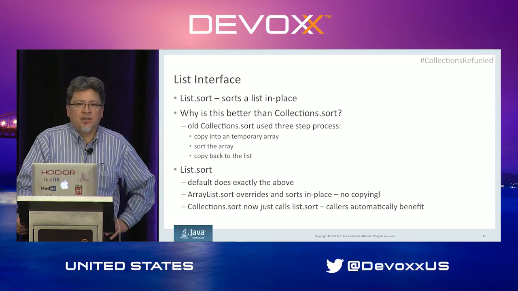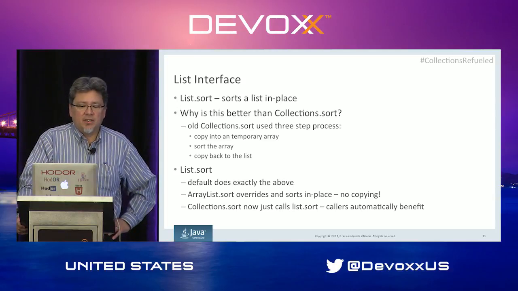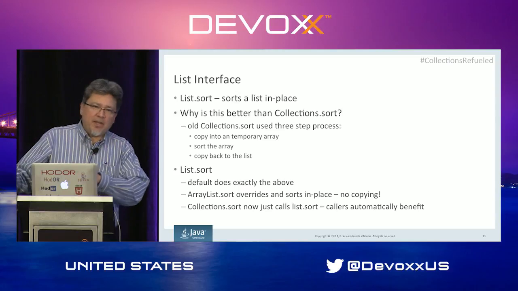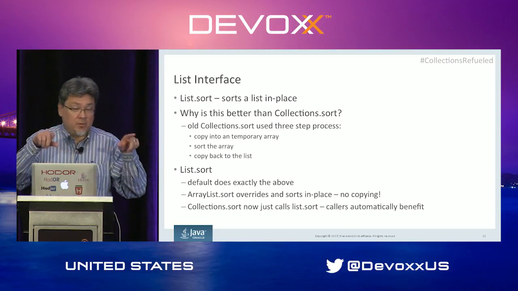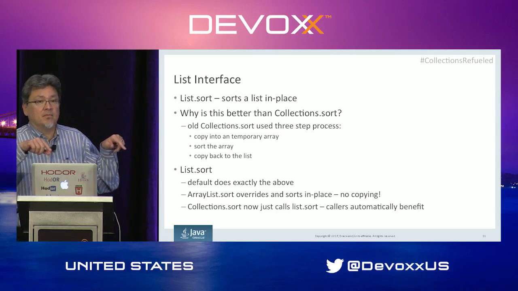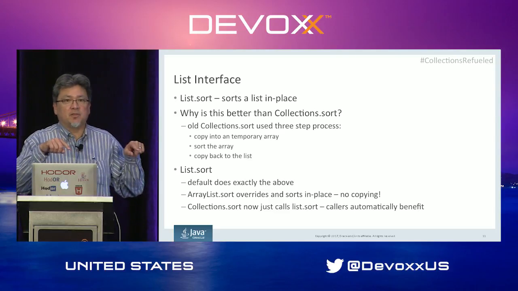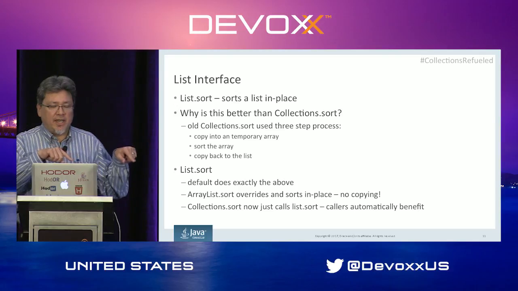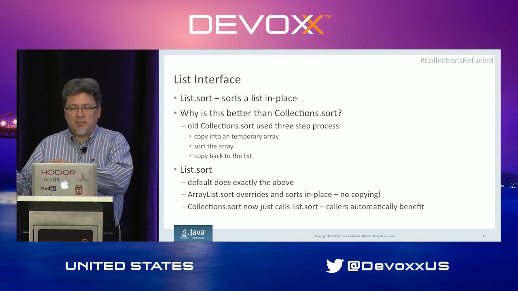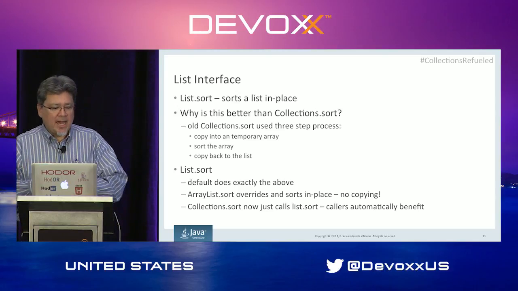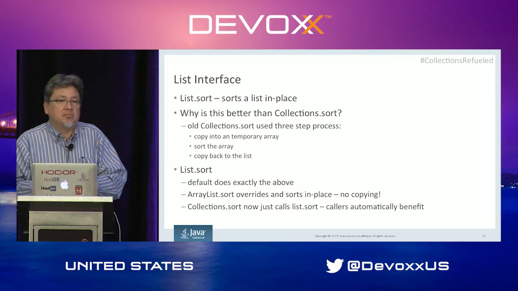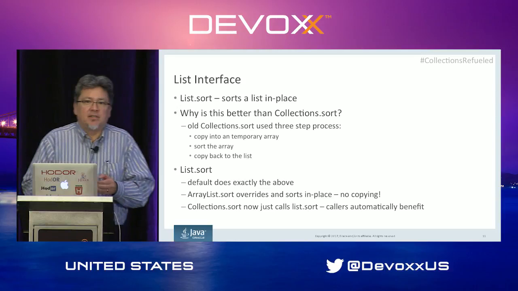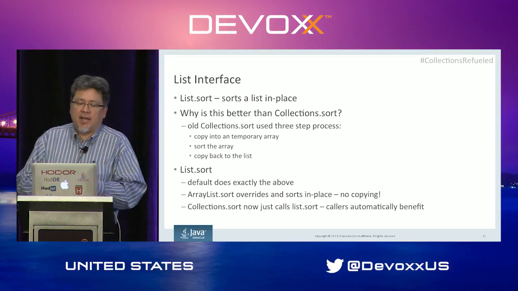And so the most generic way to do that is to copy out the list elements into an array, a temporary array allocated just for the purpose of sorting, sort the array in place, and then copy all those elements back. The default implementation of list.sort does exactly that, because it doesn't know who it's inherited by.